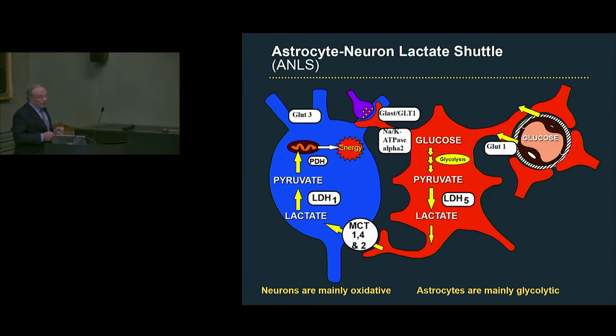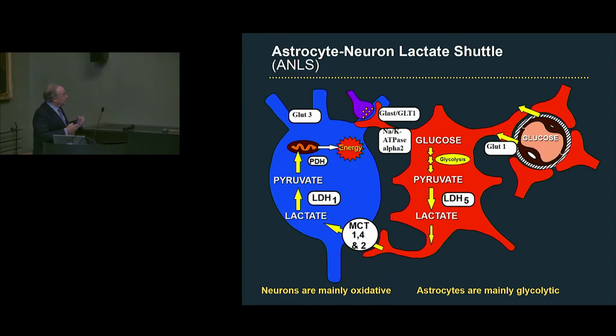So this gave rise to what is now known as the Astrocyte-Neuron Lactate Shuttle, whereby a neuronal signal, and as you know, glutamate is released at 80% of the synapses in the brain, so whenever there is activation of any modality, there will be glutamate released. It is taken up by astrocytes. This triggers the mechanism I described with glucose uptake.